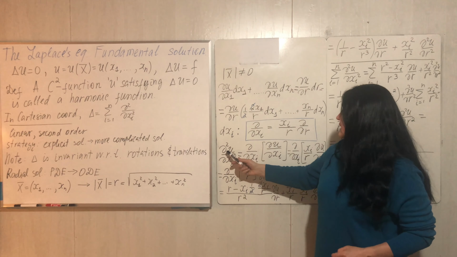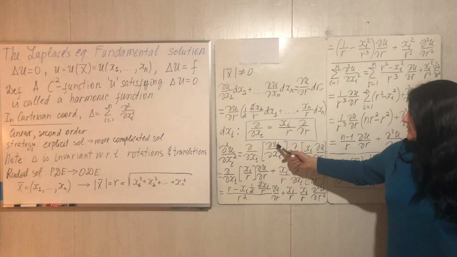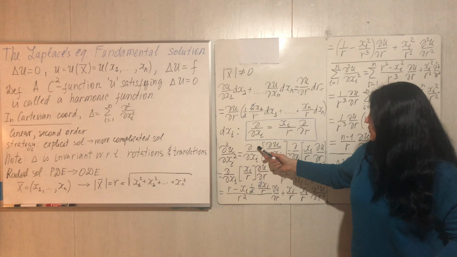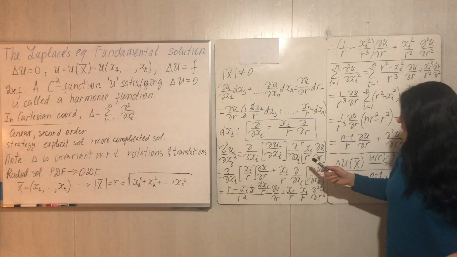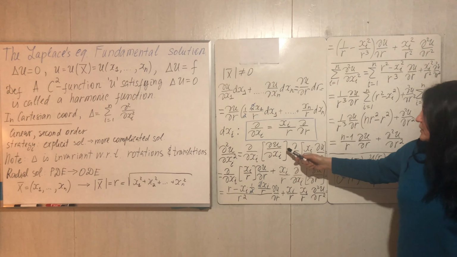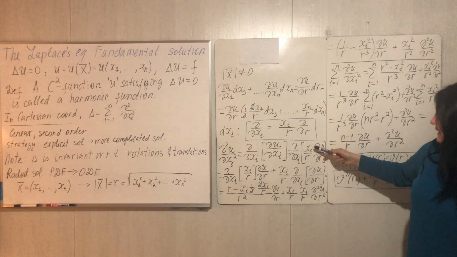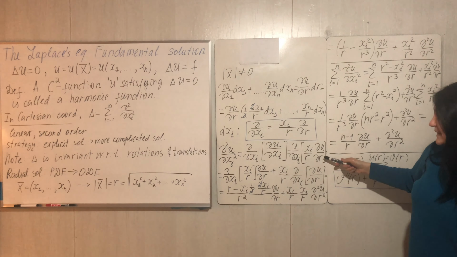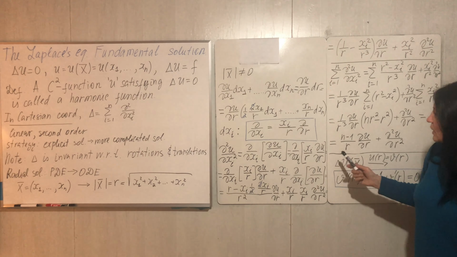To compute the second derivative, we need to differentiate du/dxi with respect to xi again. We know that du/dxi is, using this formula, (xi/r) du/dr, and then we use the product rule to differentiate.